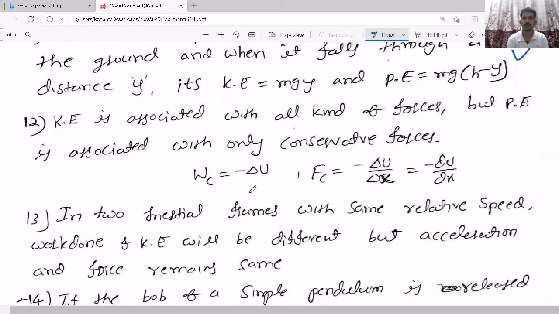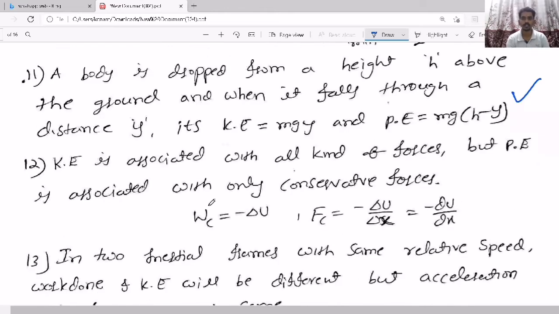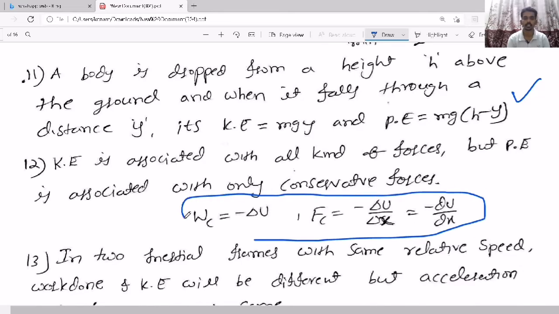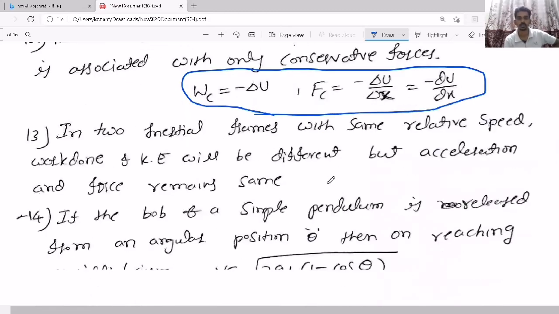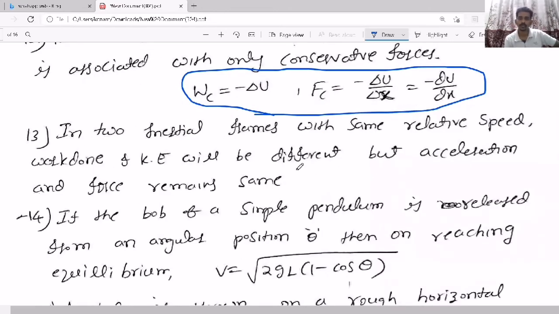Next, kinetic energy is associated with all kinds of forces, but potential energy is associated with only conservative forces. Already we have discussed this, and this is the relation between kinetic energy, potential energy, work done and conservative force. In two inertial frames with the same relative speed, work done and kinetic energy are different, but acceleration and force remain the same.